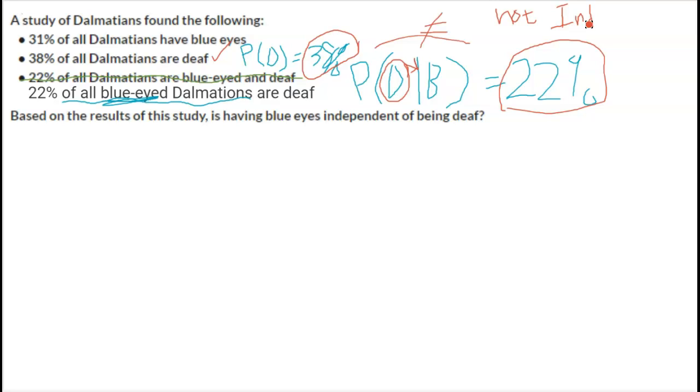What's the chance of deafness as the event? 38%. Well, if they're blue-eyed, what's the chance of deafness? 22%. Oh my goodness. So this kind of Dalmatian, if I know it's a blue-eyed Dalmatian, there's only a small 22% chance of being deaf, whereas a ton of regular Dalmatians of any kind, 38% are deaf. So this problem is saying, hey, if you know it has blue eyes, this Dalmatian is less likely to be deaf than a random Dalmatian that you know nothing about.